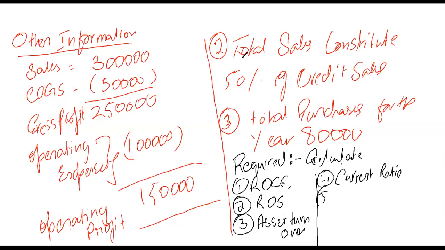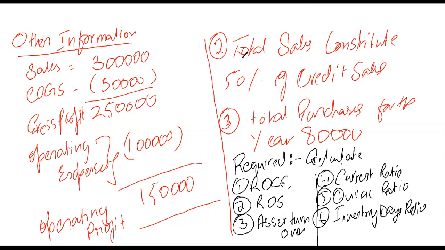Number five, quick ratio. Number six, inventory days ratio. Number seven, receivable days ratio.